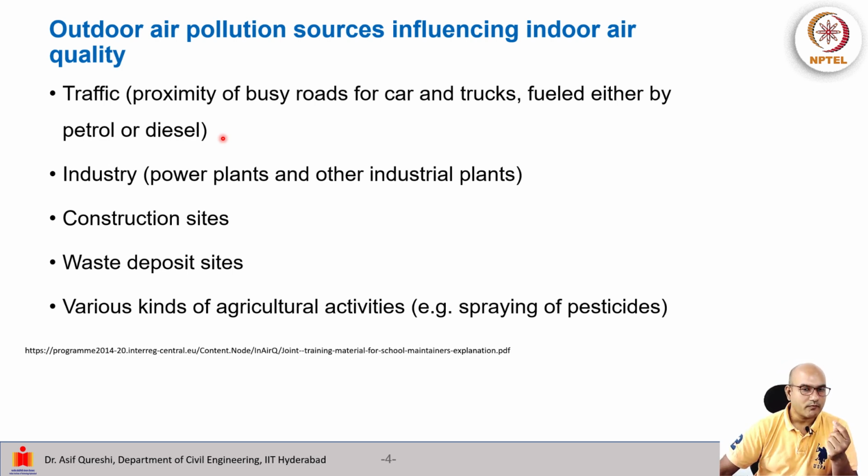If the houses are close to industries, so these could be power plants, industrial plants, manufacturing units, and if they emit substances to air, for the people who are living nearby, it is quite natural that the outdoor air will manage to come indoors, and since these houses are situated close to the sources, even if there is a small amount of outdoor air coming, maybe the pollution load itself is high, so that the indoor air becomes reasonably contaminated.